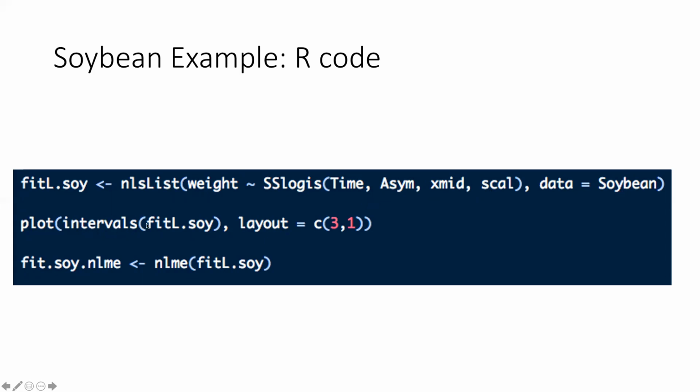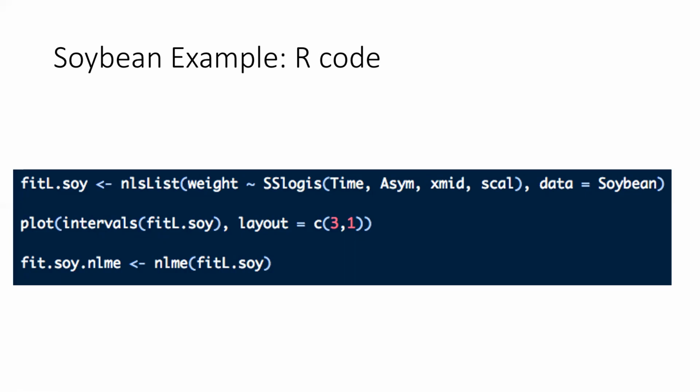The plot of the intervals gives the figure you saw before, and the layout is just 3x1 because I made it that structure to fit well in the previous slide. The function nlme just takes this object that fitted an individual logistic curve to each one of our plots, and it fits a nonlinear mixed effects model. The fact that you can do it this easily gives you the opportunity to spend more time thinking about how to model that structure.